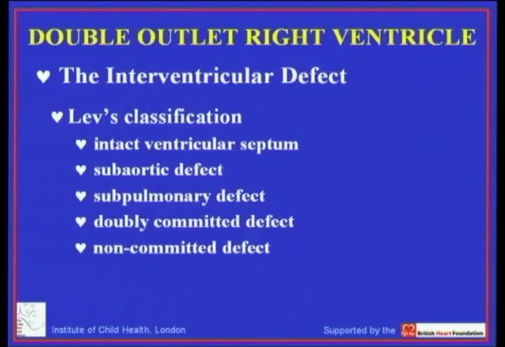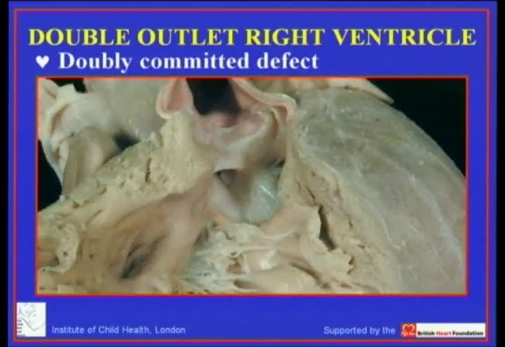So everything depends upon the limbs of the septomarginal trabeculation and their relationship to the muscular outlet septum. So here is the essence of the doubly committed defect.